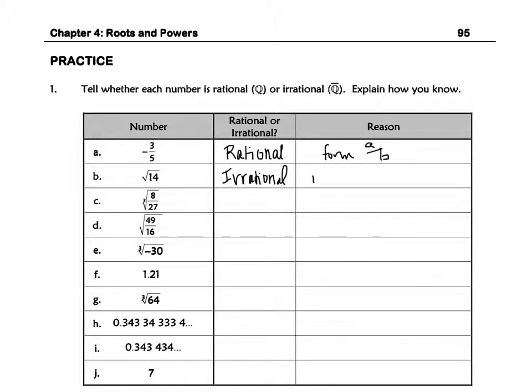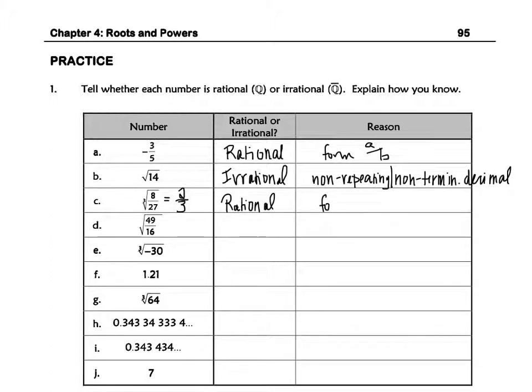And we'll just say non-repeating, non-terminating decimal. Cube root of 8/27 is the cube root of 8, which is 2, over the cube root of 27, which is 3. So that would be a rational number.